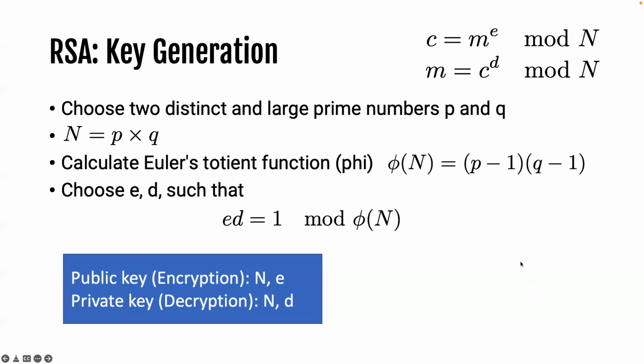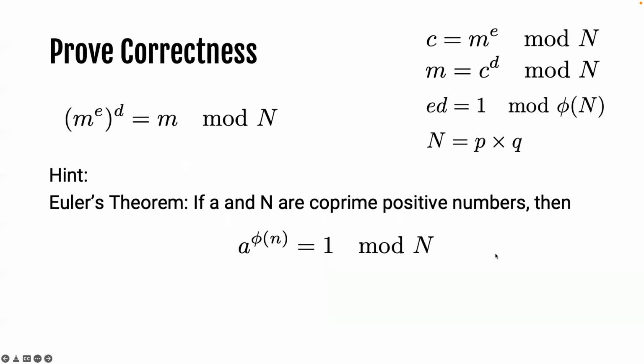All right, so now let's do some math together. First of all, I'll write down all the equations that you will need, just in case you don't take notes. Basically you have E, D, N, three values.